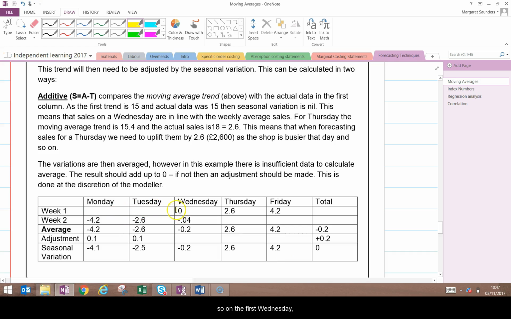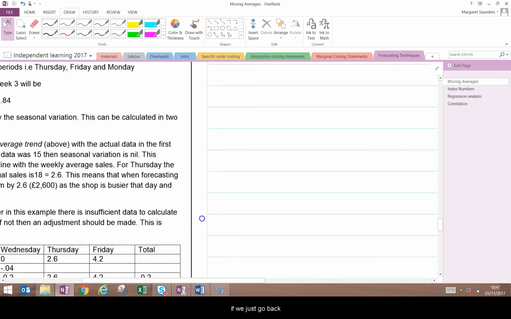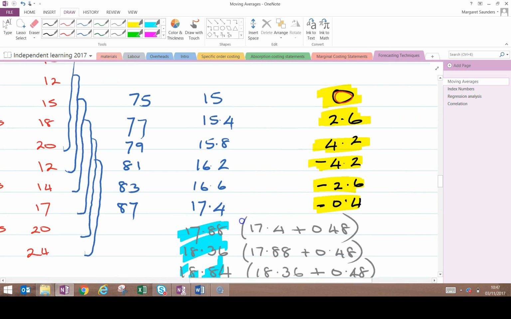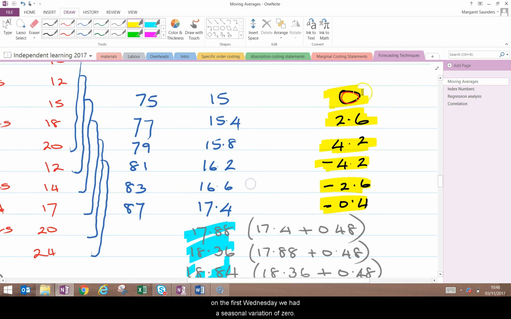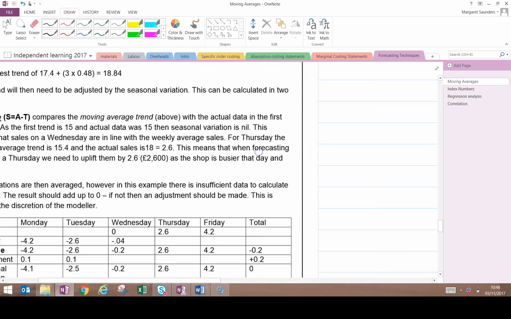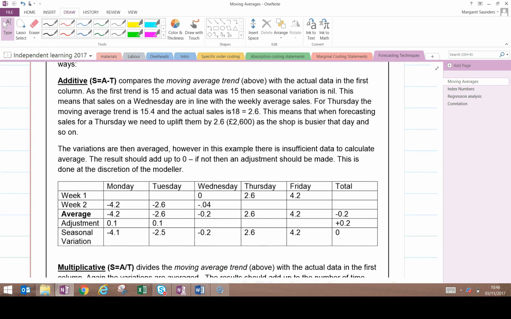So on the first Wednesday, we just go back to our workings. On the first Wednesday, we had a seasonal variation of 0. And then these were our seasonal variations for Thursday, Friday, Monday, Tuesday, Wednesday. So here's our seasonal variations. That's the one we calculated: Wednesday, Thursday, Friday, Monday, Tuesday, Wednesday.